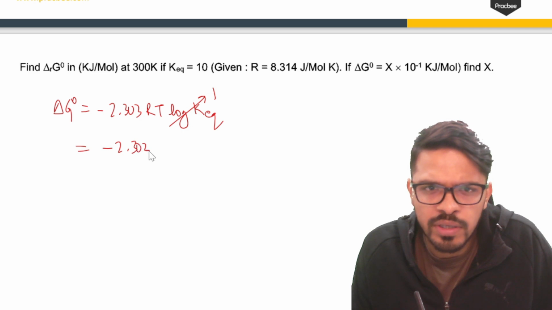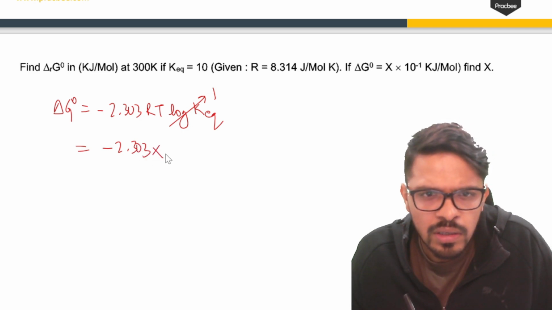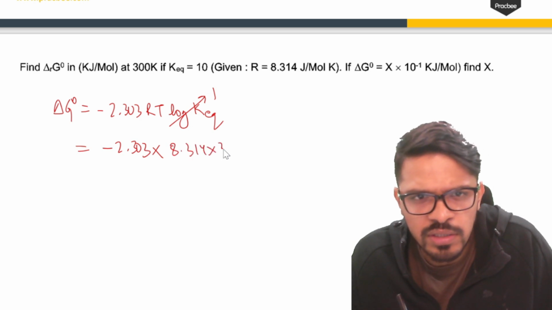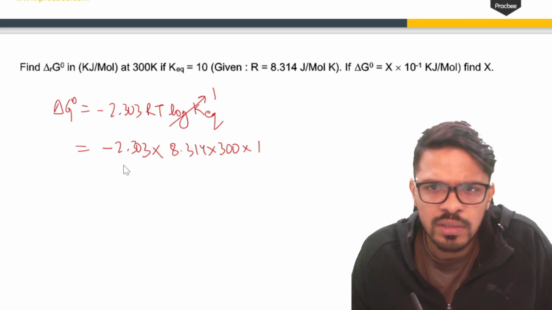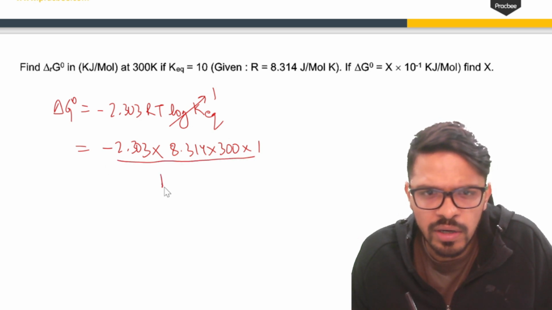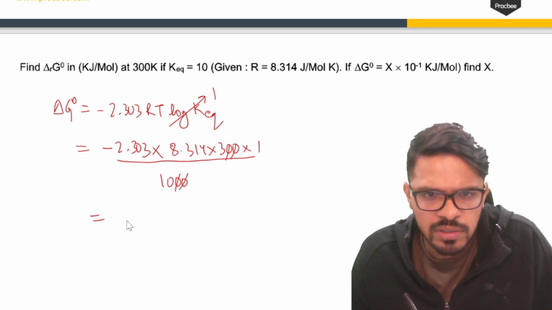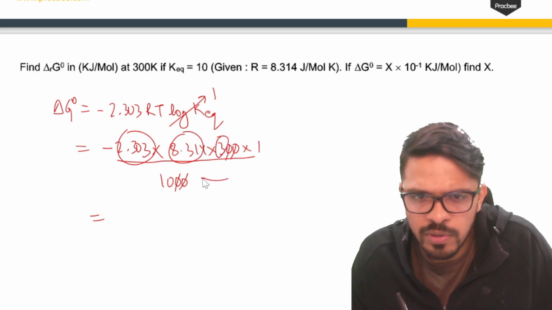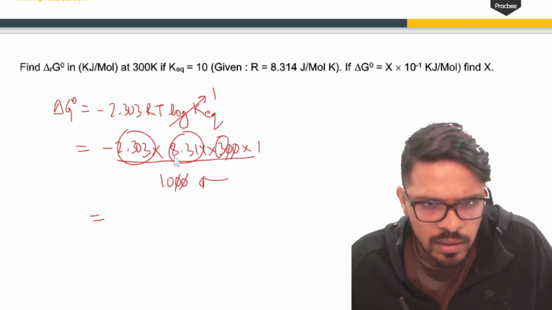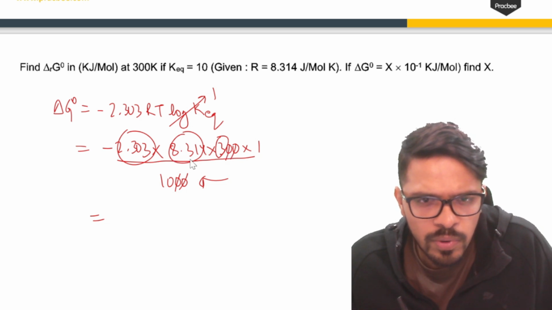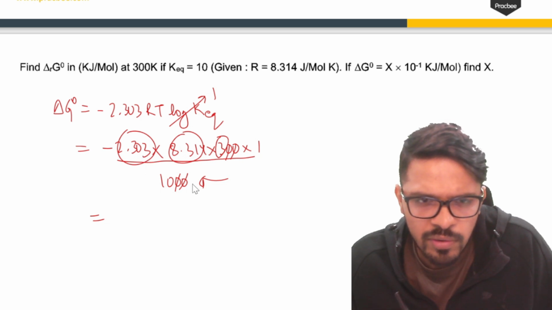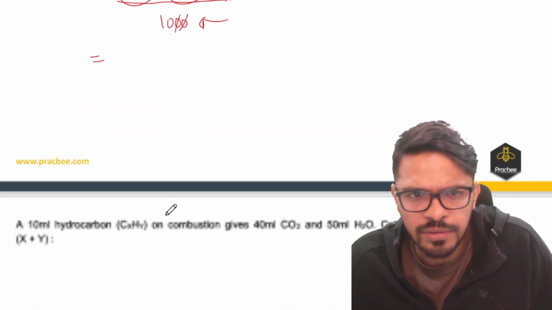So minus 2.303 into R, which is 8.314, into temperature 300 into 1. Since they want the answer in kilojoules, I'll divide it by 1000. So this value you can just calculate. This into this into this, with 10 to the power minus 1 already present. So this is approximately 25 into 2.3. Simple question.